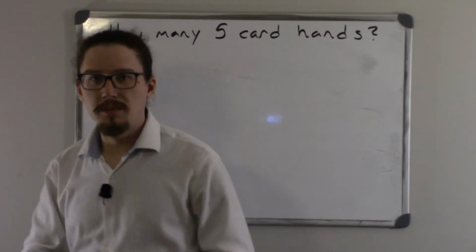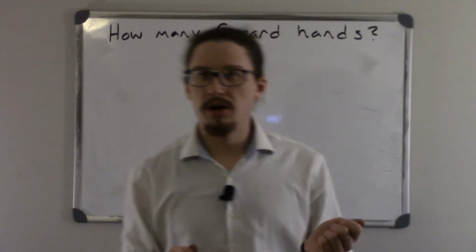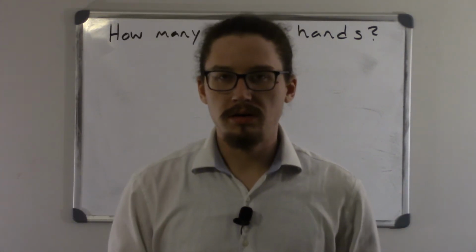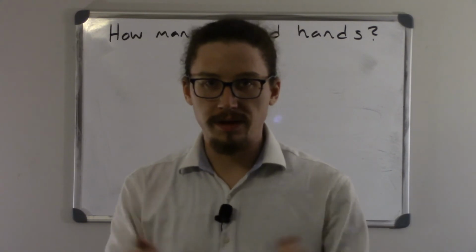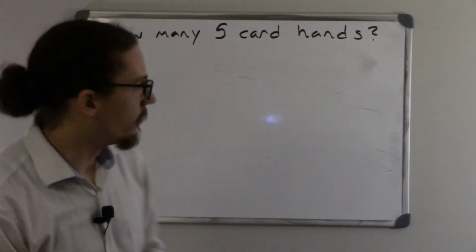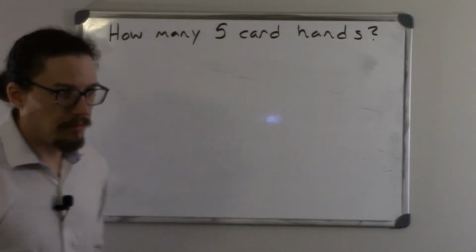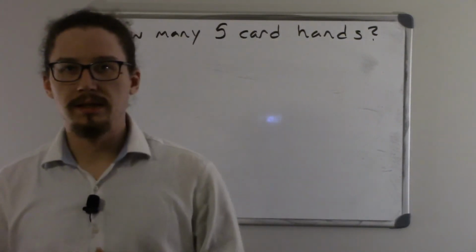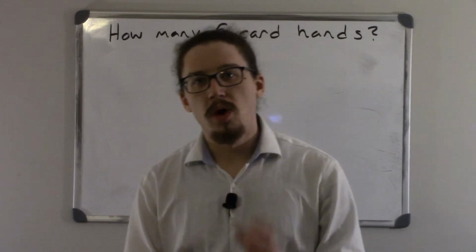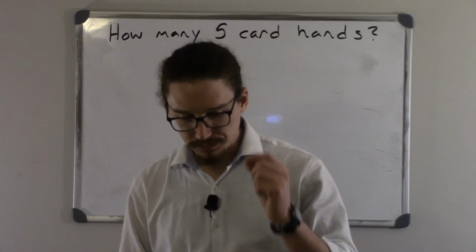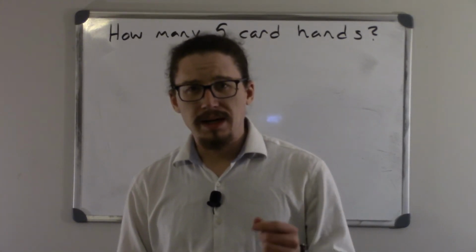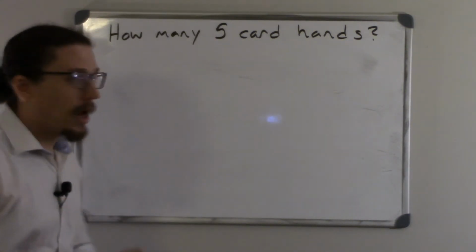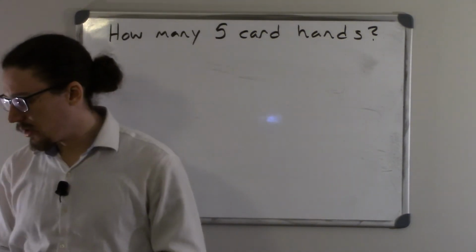How many different combinations of playing cards can you make if you're getting 5 cards? This is a great example of why we want things like this combinations function, and why we want these counting rules in general. But let's go ahead and work through this.